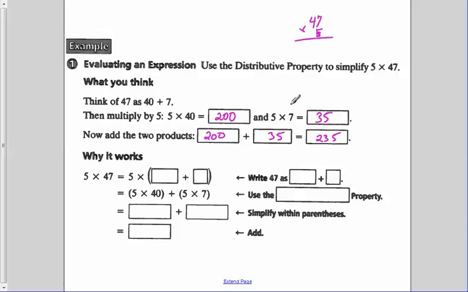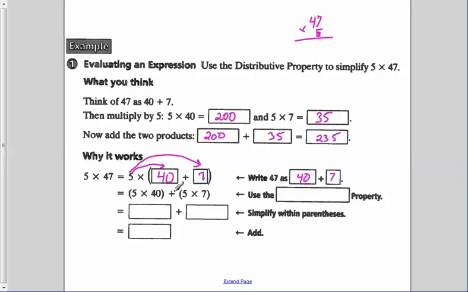Why that works is exactly how, as I was talking through, saying 5 times 47 is breaking up to say 5 times 40 plus 7. 40 plus 7 makes up our 47, so 5 times 40, because I'm distributing the 5 to the 40, and I'm distributing the 5 to the 7.